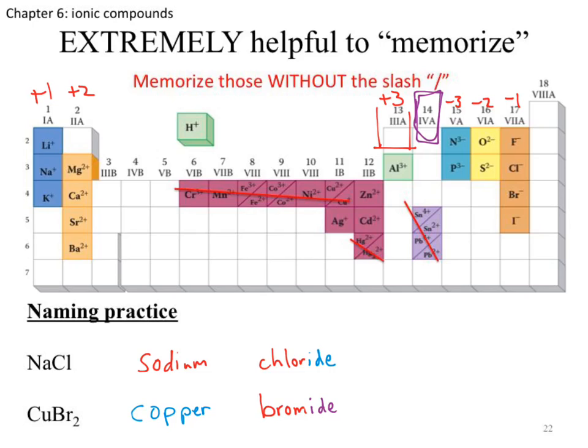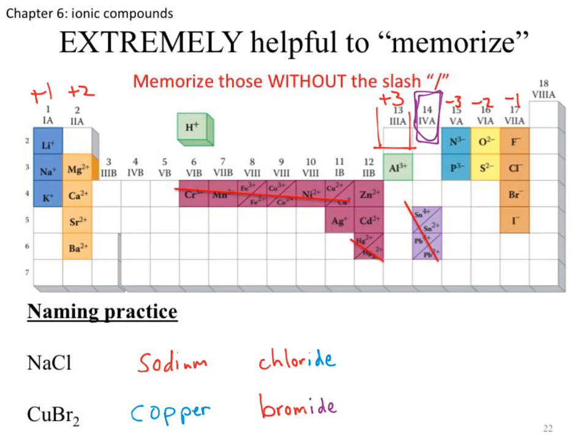Move to the name. Where in the name does it say the copper is a +2 charge? Where in the name did sodium chloride specify the charge on sodium? No. Sodium was one of those elements that you were told to memorize, which means just by writing sodium, we know its charge is +1.